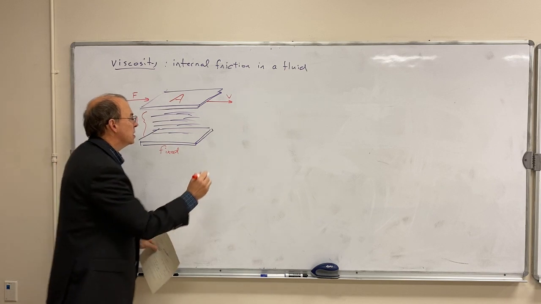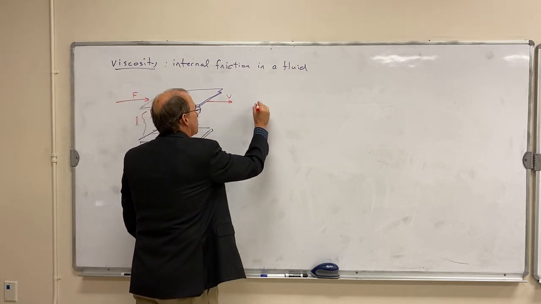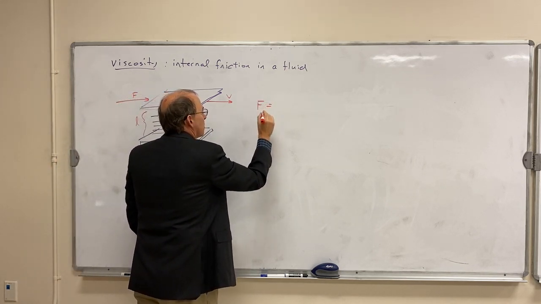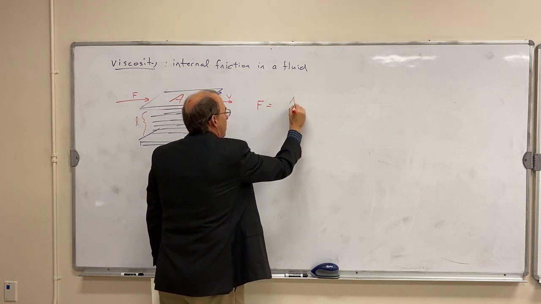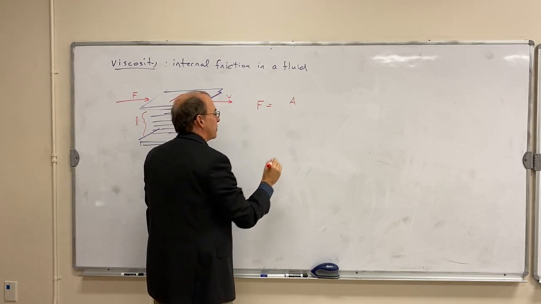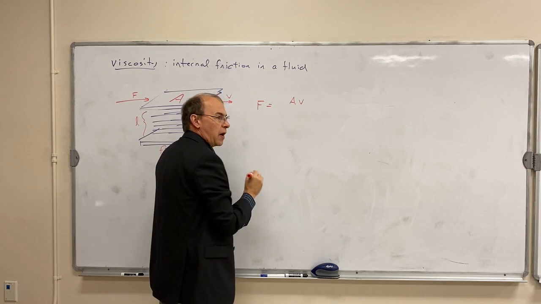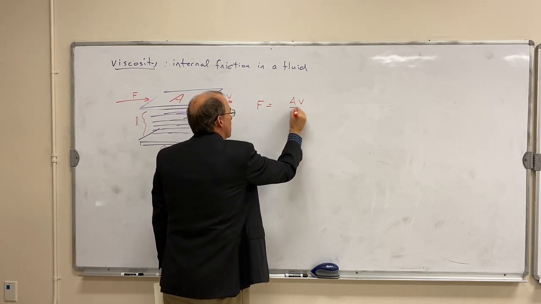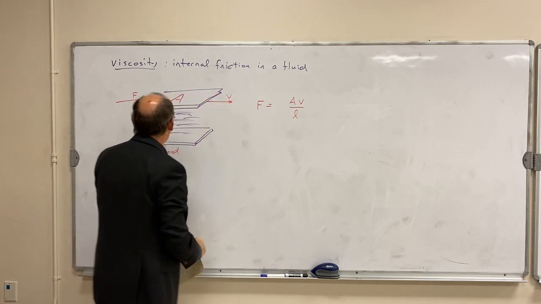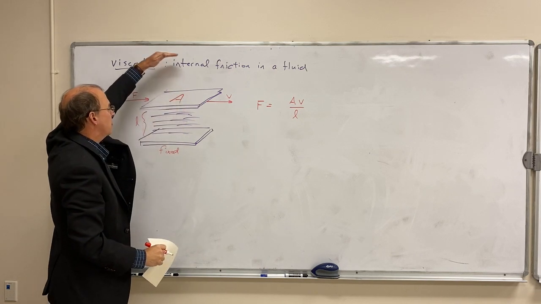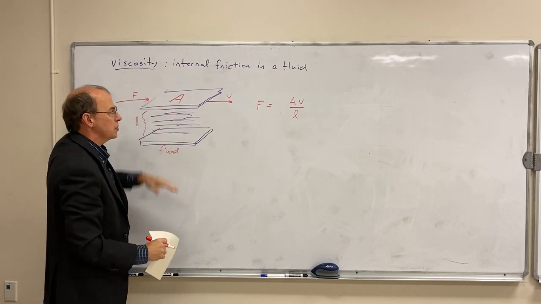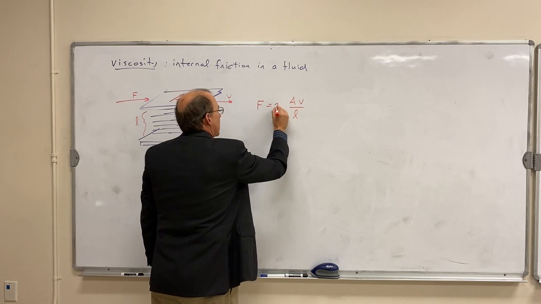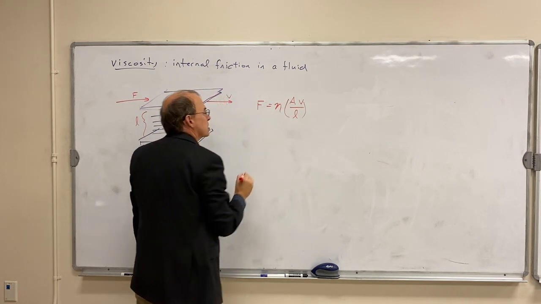and that's where viscosity comes in. How hard you push is pretty straightforward. The force depends on the area. The bigger the area is, the harder you have to push. The faster the velocity, the harder you have to push. Inversely dependent on L, as this plate gets further and further from the lower plate, it gets easier to push. And this proportionality constant is the viscosity.